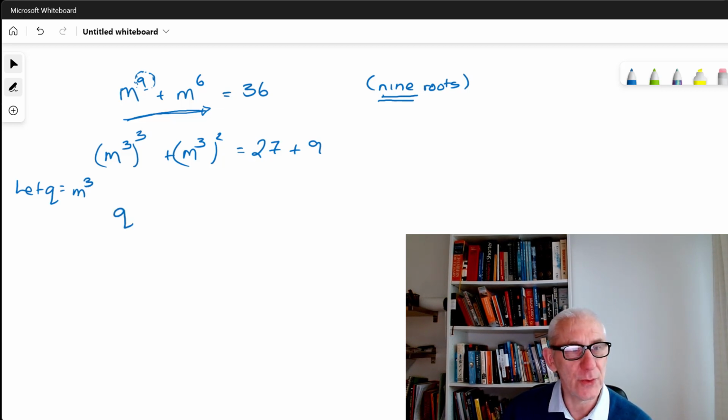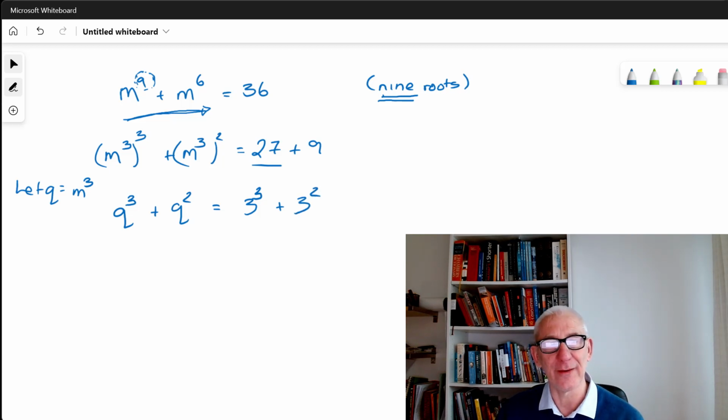We're going to go q cubed plus q squared equals, come on, we can see that 27 is 3 cubed, can't we? 3 cubed plus a 9, which is 3 squared. And straight away we can see that one of the solutions for q is going to be 3. So we have a q1, if you like, equal to 3.